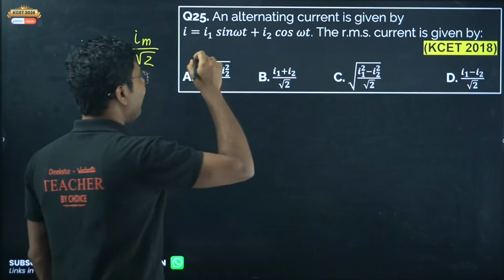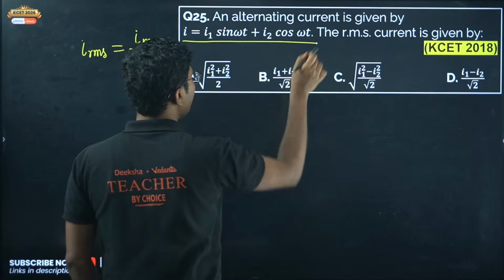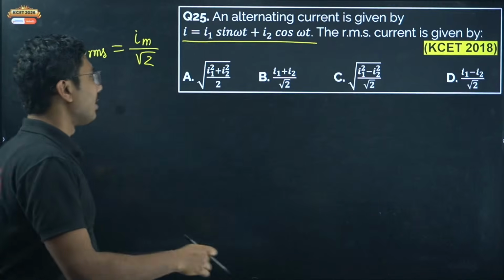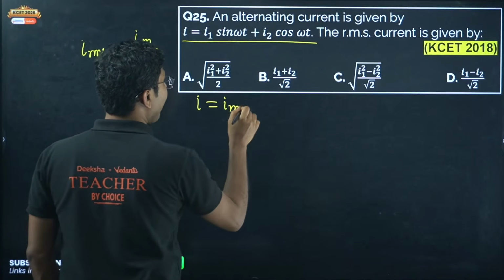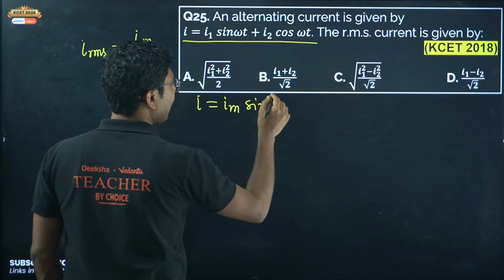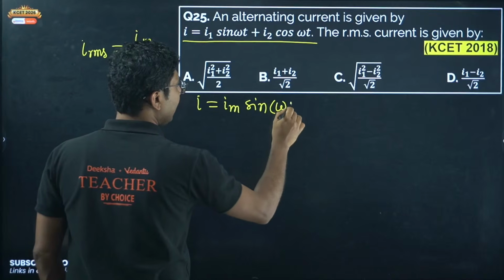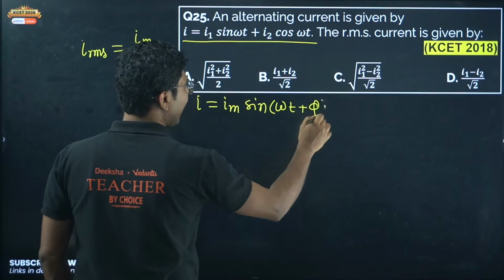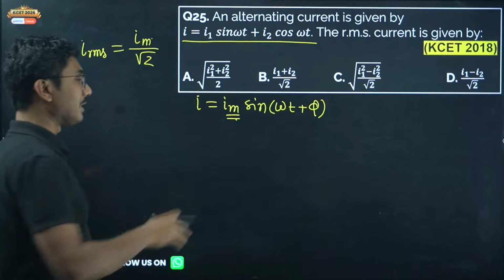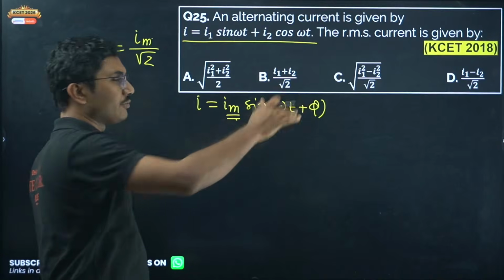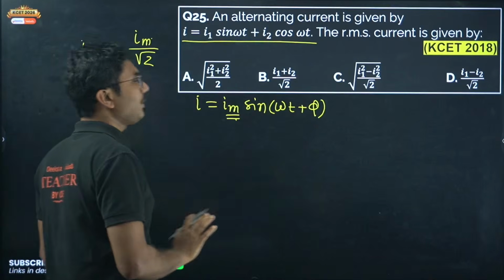Now when you have a combination of these two, you can write the current as I equals Im sin(omega t plus phi). If you can find this, then you can calculate it. To convert this equation into that form, you have to use a substitution.